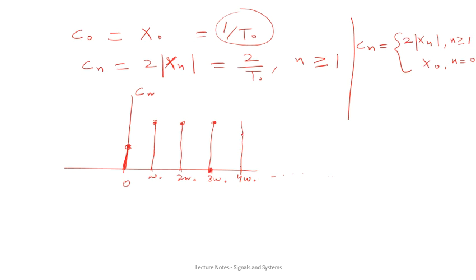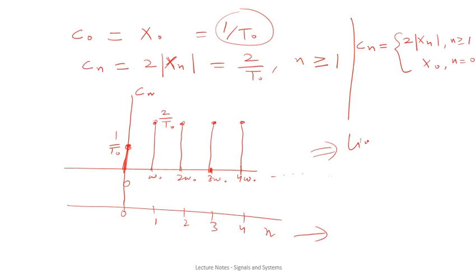This is 3 omega naught. So this is 2 upon t naught and this is 1 upon t naught. This is n equals 1, n equals 2, n equals 3 and 4 and so on. So this will be the line spectrum for this problem.